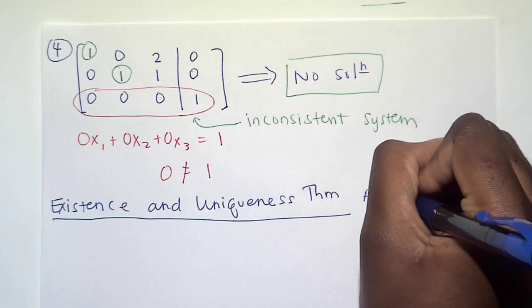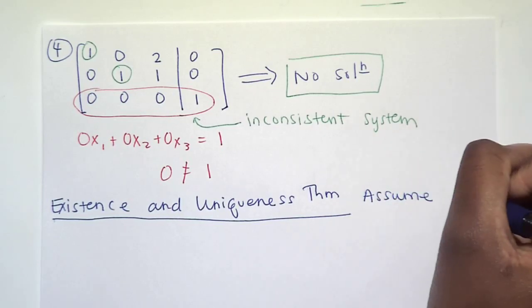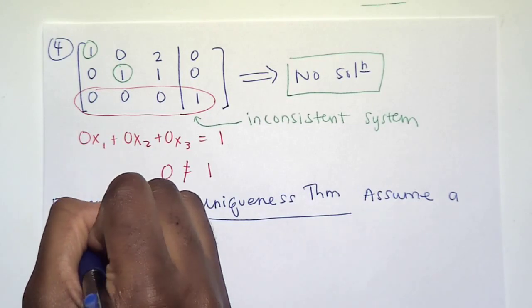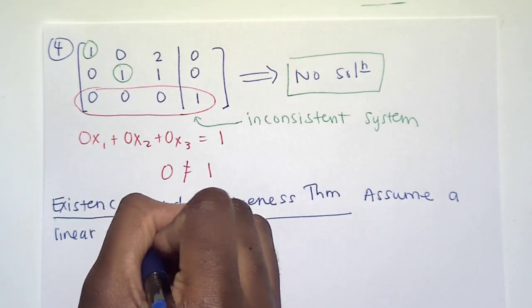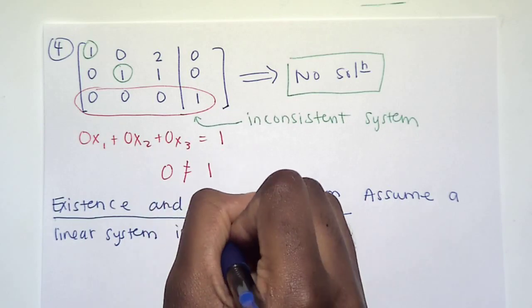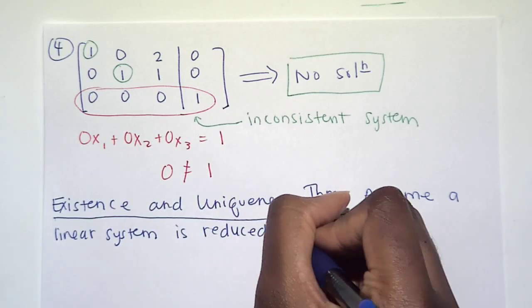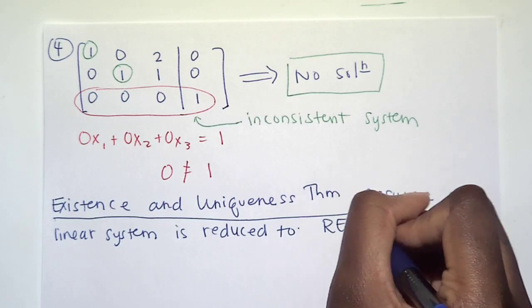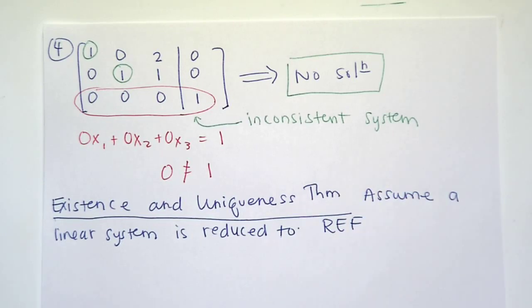We are going to assume a linear system is reduced to row echelon form. So not even reduced row echelon form, just row echelon form.